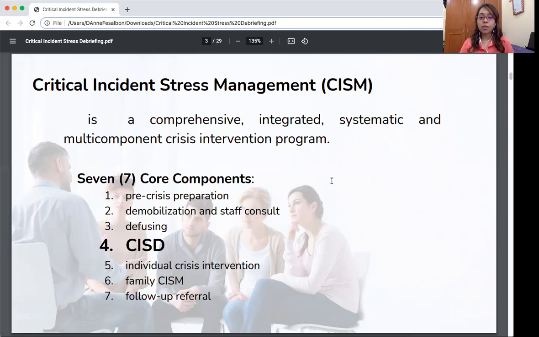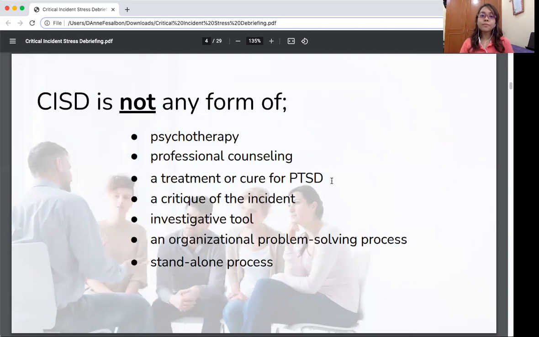One is the pre-crisis preparation. Second is the demobilization and staff consultation. Third is defusing, and then fourth is the CISD. There's also individual crisis intervention, family CISM, and the follow-up referral. So this particular video is just focusing on the CISD.